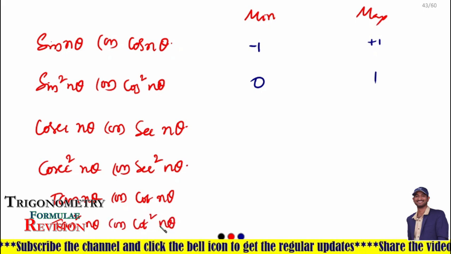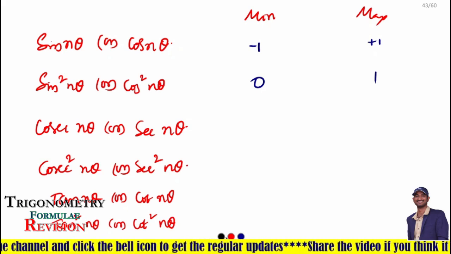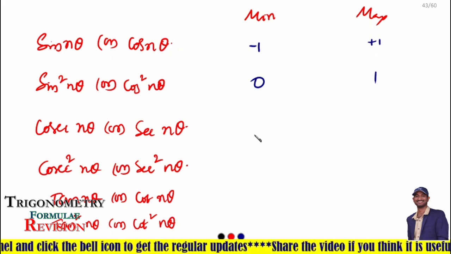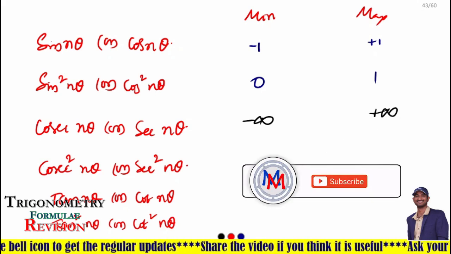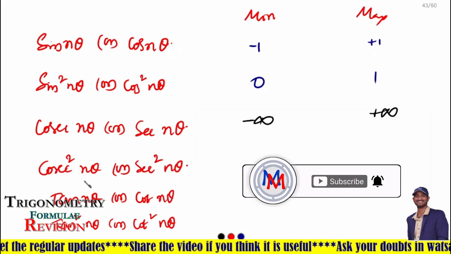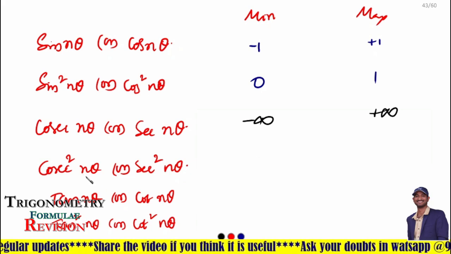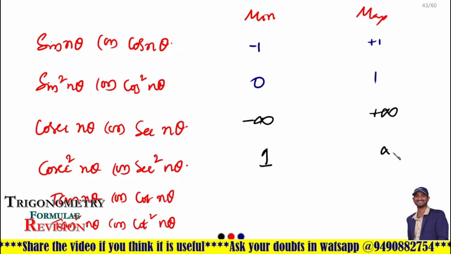So these are some basic trigonometric functions. What is the minimum value of cosecant nθ? It is minus infinity and the maximum value is plus infinity. We can't tell which is minimum or which is maximum. But the minimum value of cosecant² nθ is 1. This is important, and the maximum value is infinity.